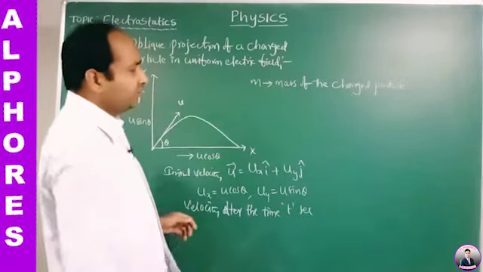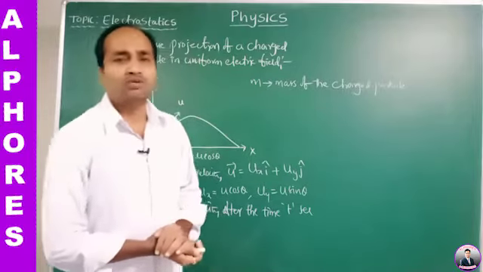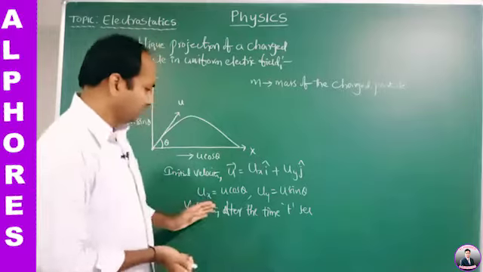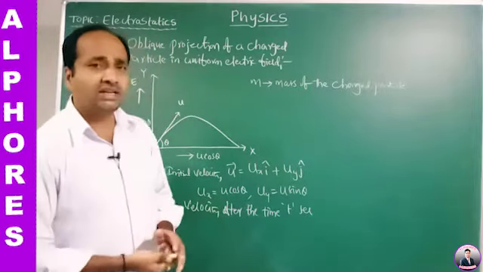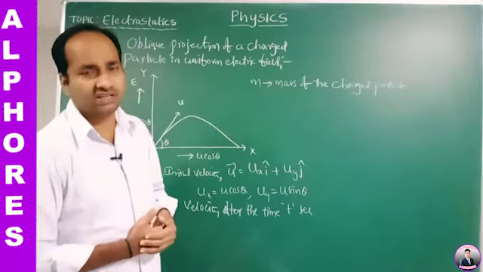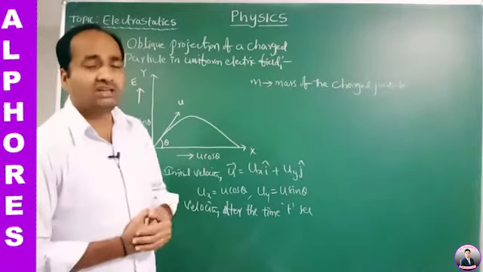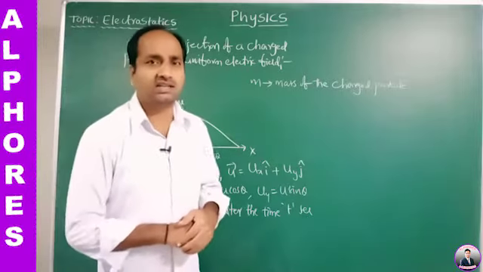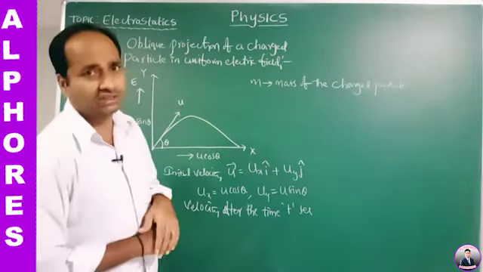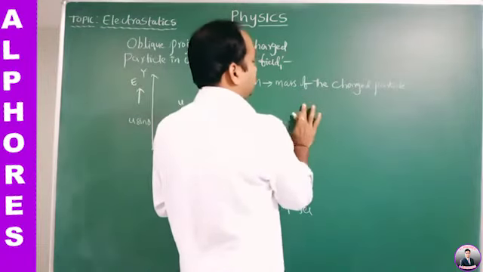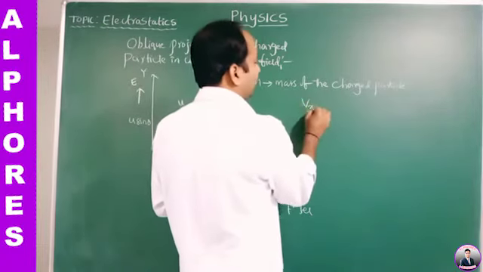How can we calculate it? By using the kinematic equation v is equal to u plus at. The horizontal velocity remains constant because there is no horizontal acceleration. In this two-dimensional projectile motion, the horizontal acceleration is 0, so the horizontal velocity remains the same at every instant.